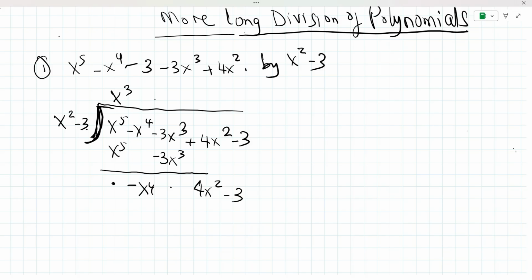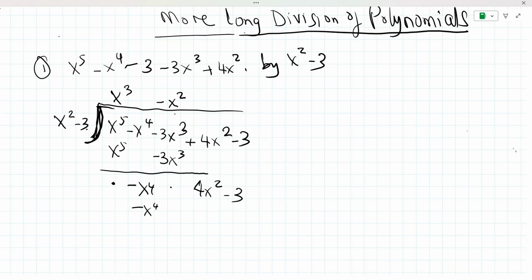So again, we come up at the top and look for an expression which when multiplied by x squared will give us x to the power 4. And that will be minus x squared, because minus x squared times x squared will give us minus x to the power 4.